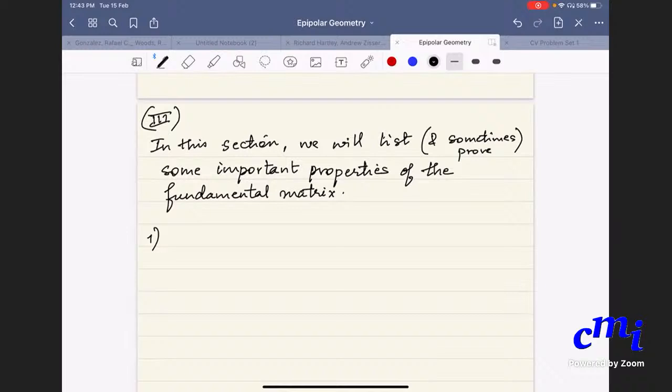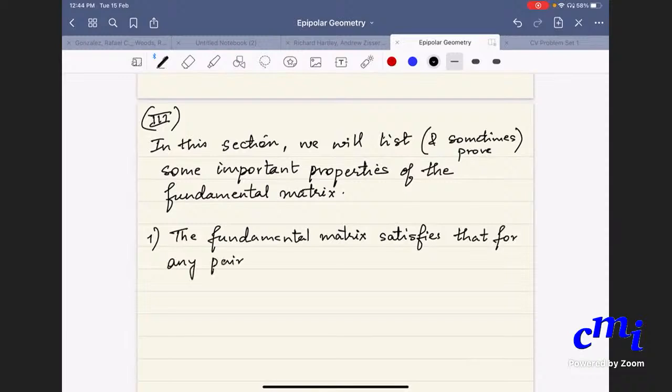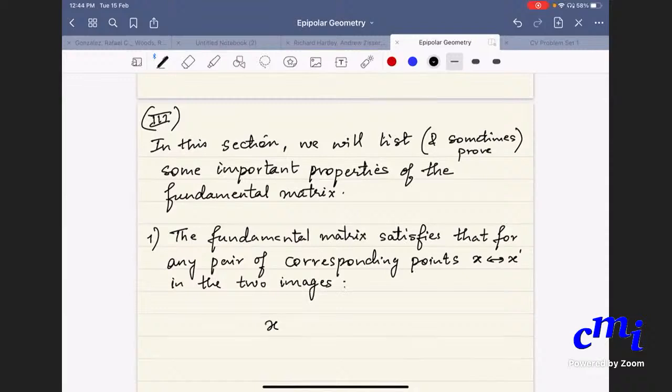One, the fundamental matrix satisfies that for any pair of corresponding points x and x prime in the two images, x prime transpose F x is 0.